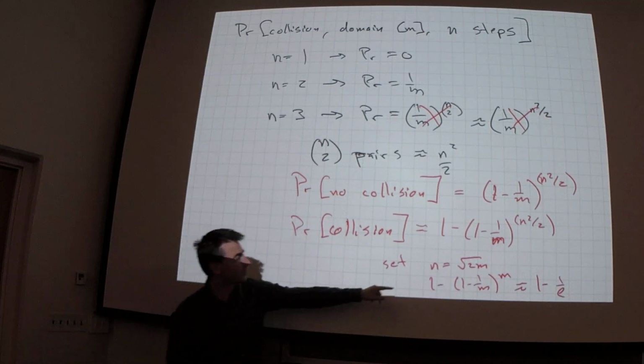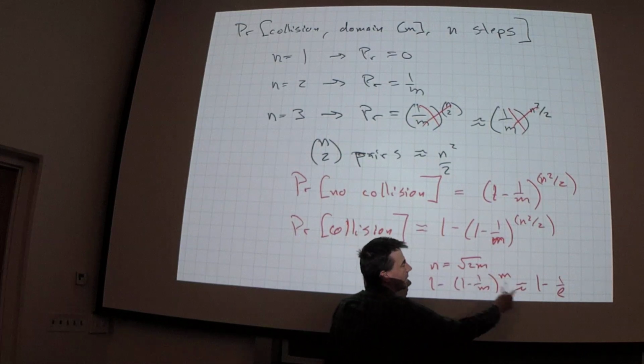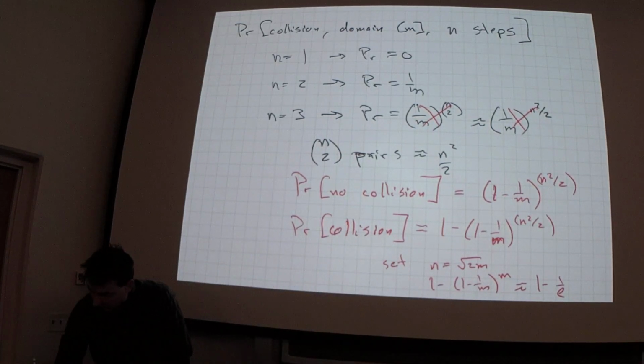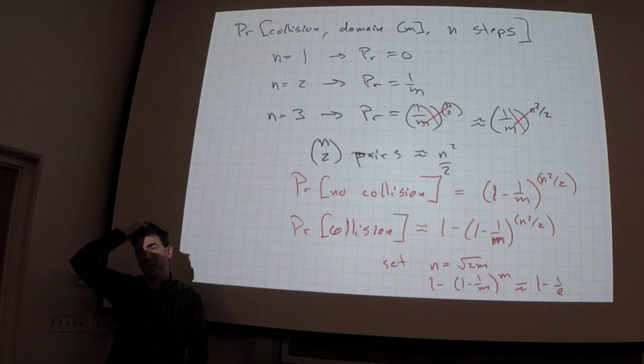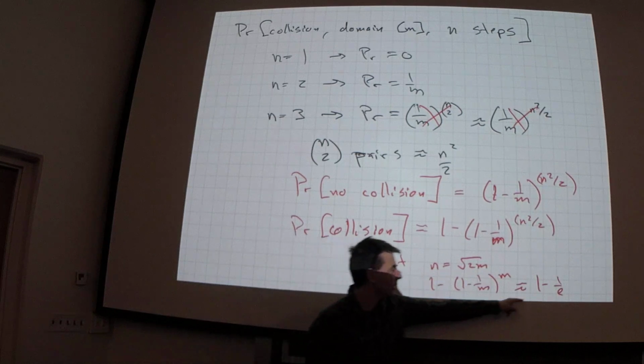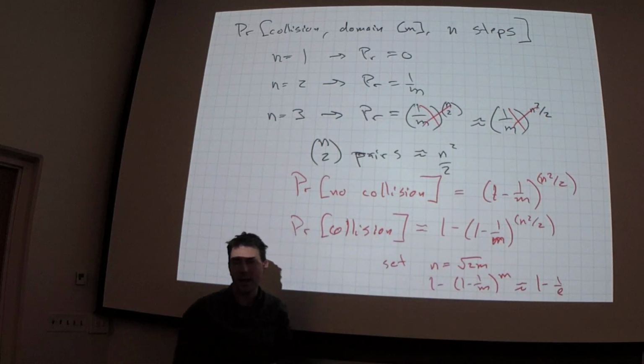Or is it e, or is it just e, actually? No, it's 1 over e. And e is 2 point something; this is one of these simplifications you can do if m is sufficiently large. This looks like 1 over e.